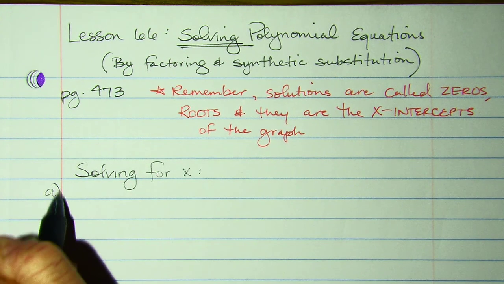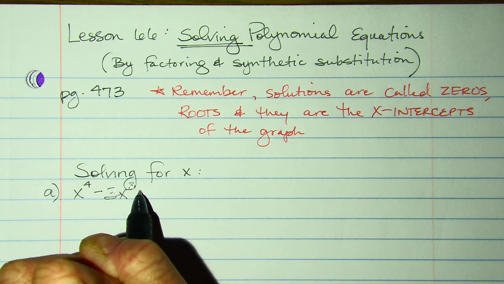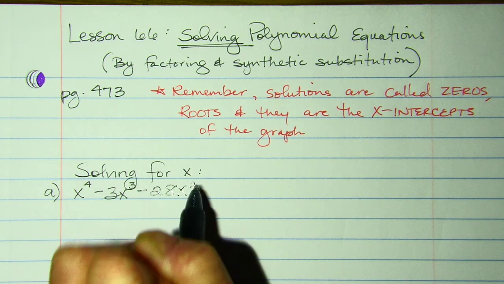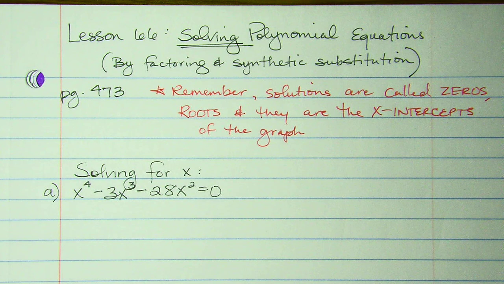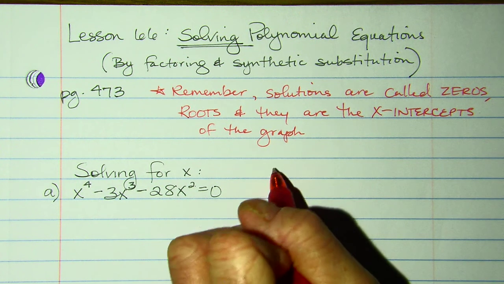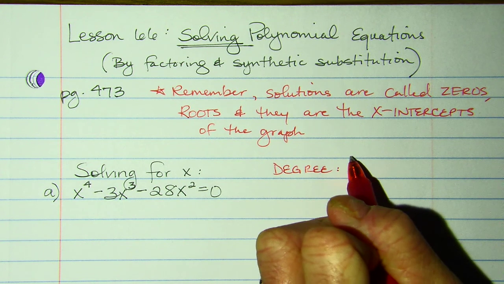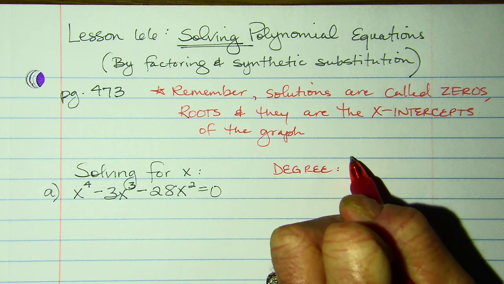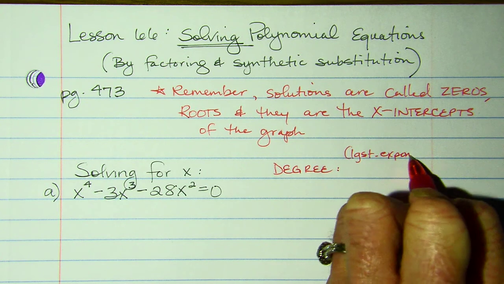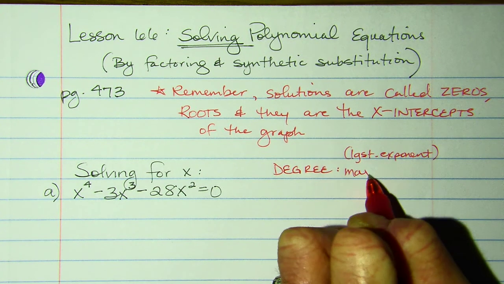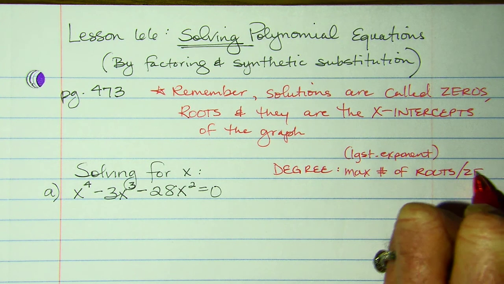Part A: x to the fourth minus 3x cubed minus 28x squared equals 0. Now I'm going to go over a bit of vocabulary. One, degree. The degree of an equation is your largest exponent, but it's also the max number of roots or zeros that you could have.